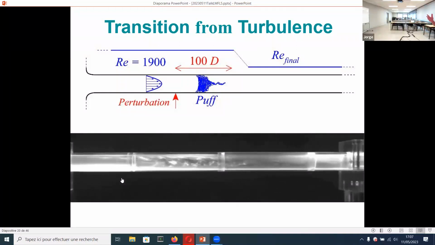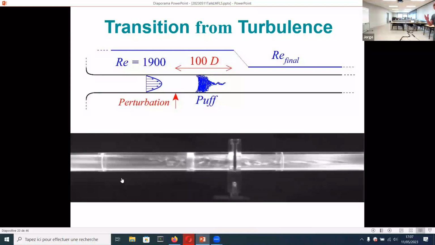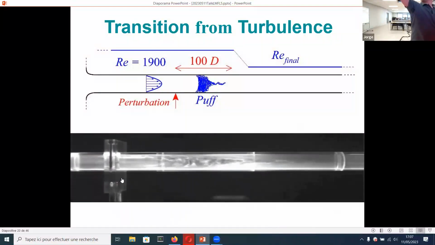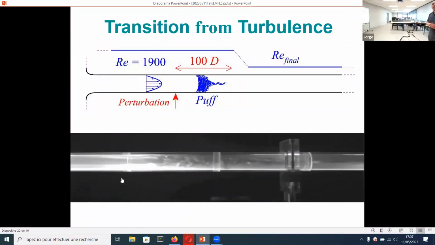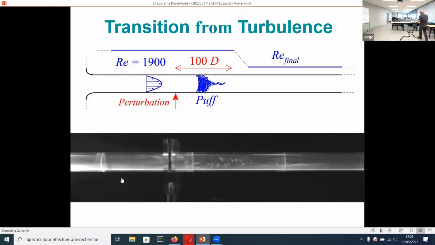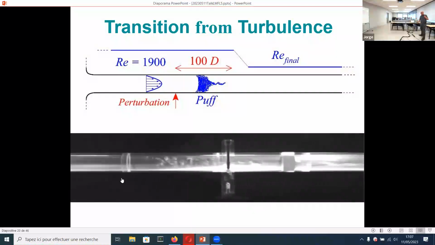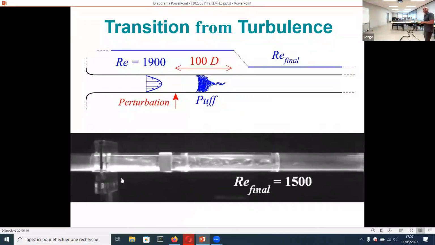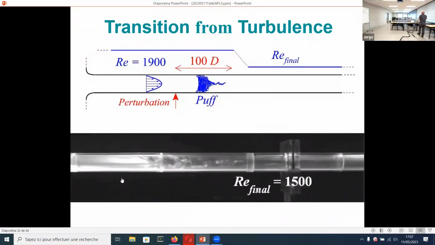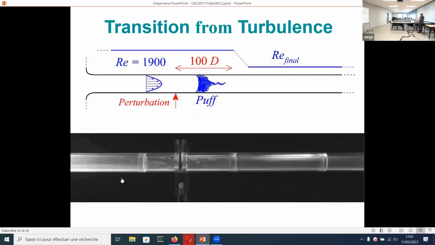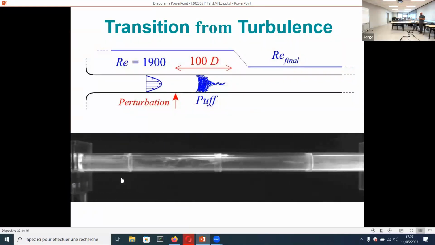This puff reached a stable state. There is an active core, a wave at the beginning, and we let it evolve for 100 diameters. And when it reaches this mark, we reduce the Reynolds number to 1,500 by changing the velocity of the piston.